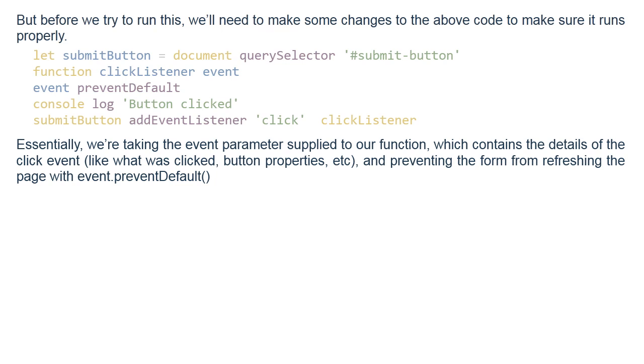Essentially, we are taking the event parameter supplied to our function, which contains the details of the click event like what was clicked, button properties, etc., and preventing the form from refreshing the page with event.preventDefault.